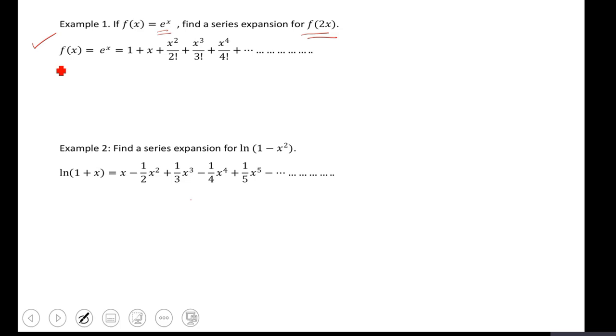Now, immediately below that, I'm going to write f of 2x. And you know what that means. It simply means replace x of the original e to the x by 2x. So wherever you see x, replace it by 2x.